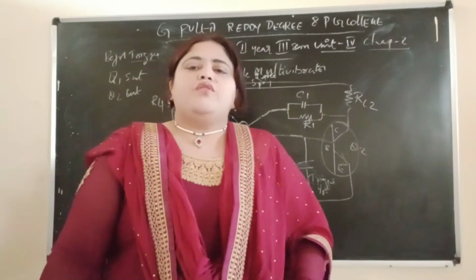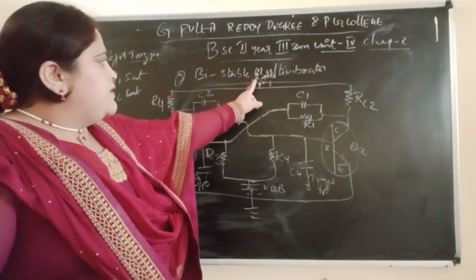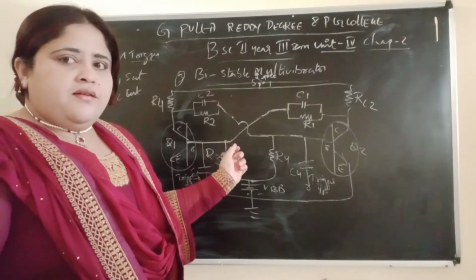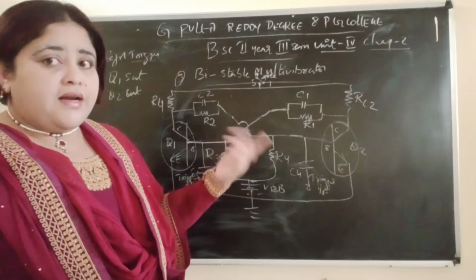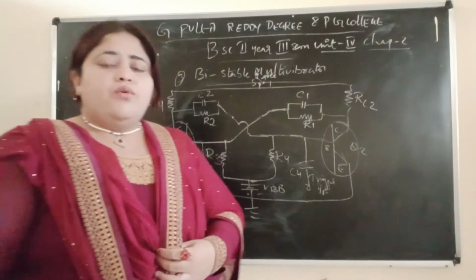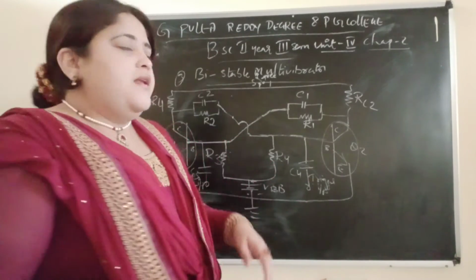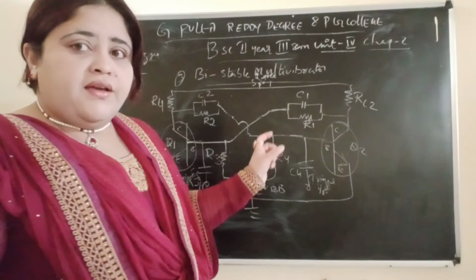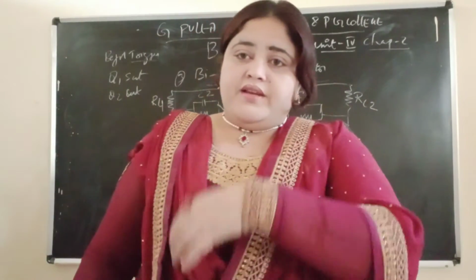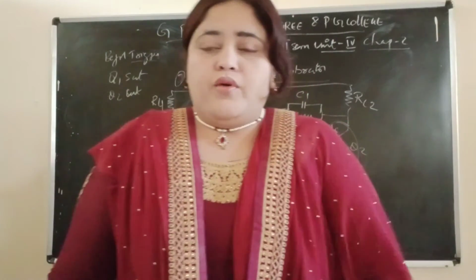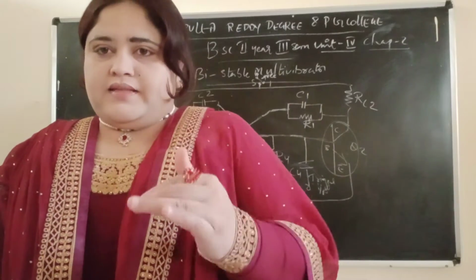So what you have to write: same operation here. Here also, when VCC is on, both the transistors' collector current will start flowing. Both transistors will start conducting. As both transistors cannot conduct equally, let us assume that Q1 is conducting more heavily than Q2. Since Q1 is conducting more heavily, the current in Q1 is more, voltage is less.